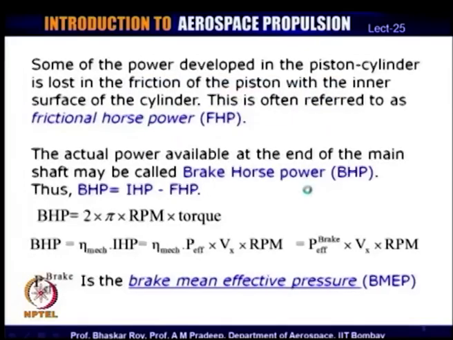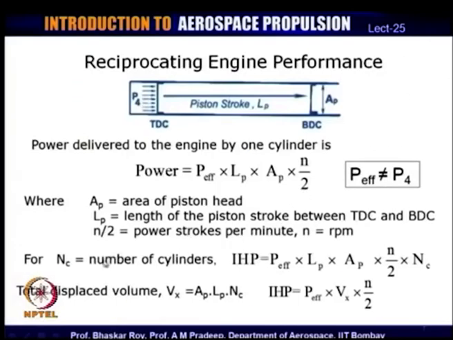So, if the number of cylinders is given by capital N C, the total engine power created is given, as we know, in terms of IHP, which we call indicated horsepower. Nowadays, of course, these are mentioned in terms of kilowatts, and N C comes in as the last parameter, and hence you get the indicated horsepower, or what we can call a mechanical estimation of the ideal horsepower.